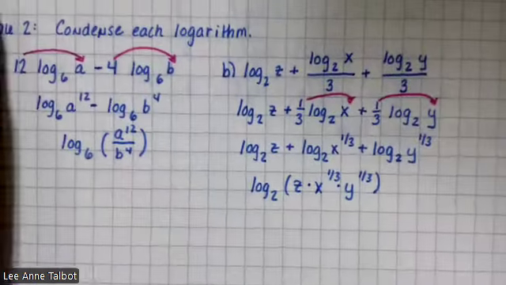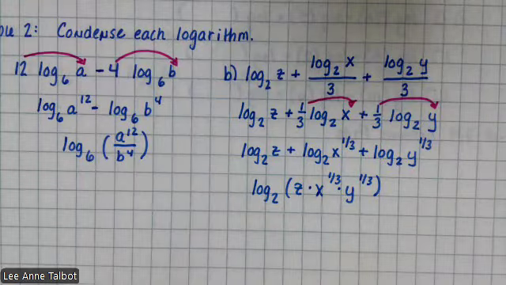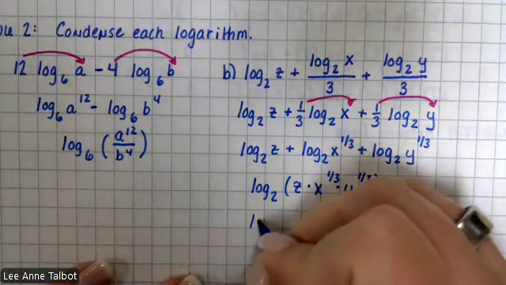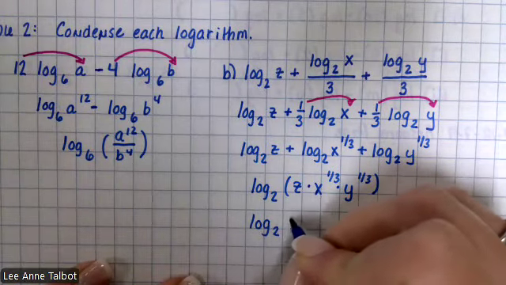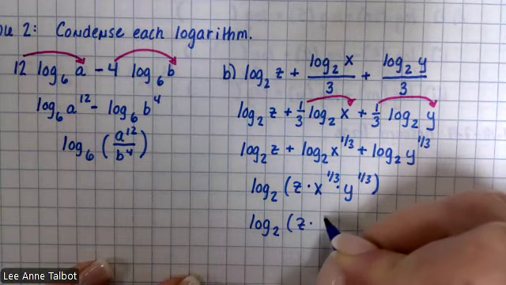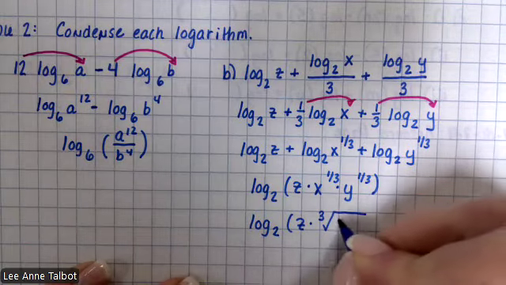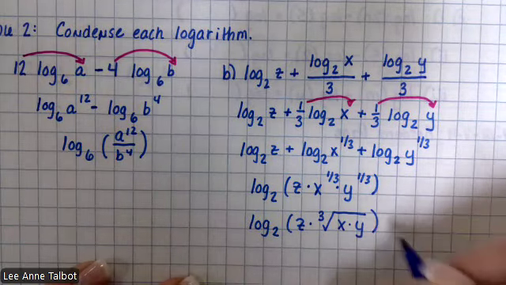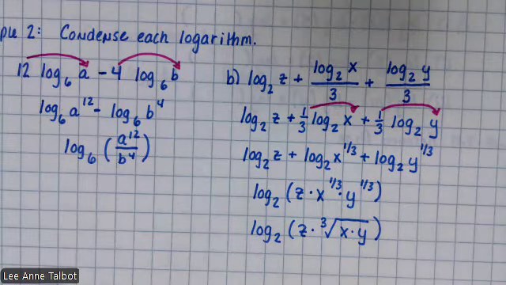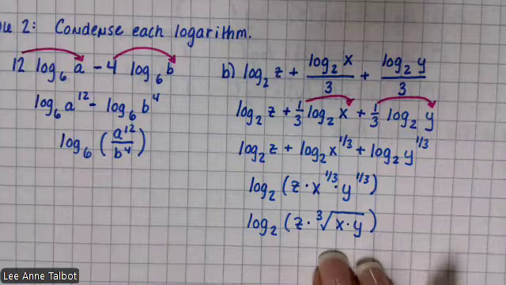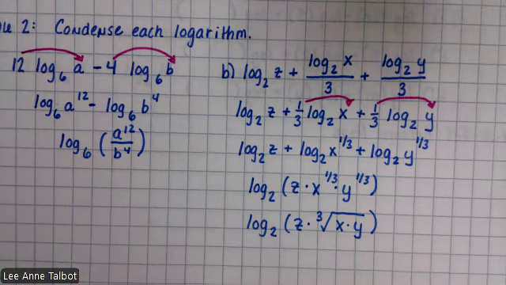What type of root is a 1/3 exponent? Okay, so log base 2 of z times the cube root. Just make sure that that cube root's only over these two because those are the only two with that 1/3 power.